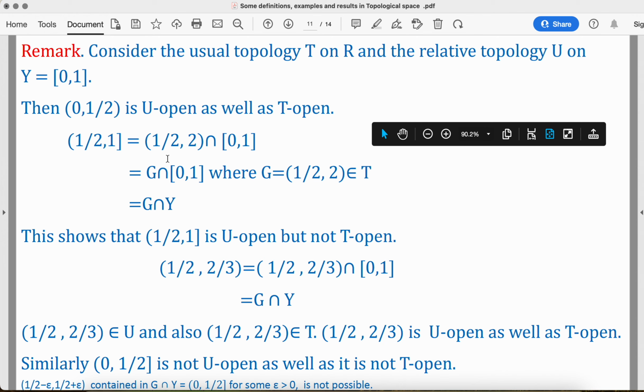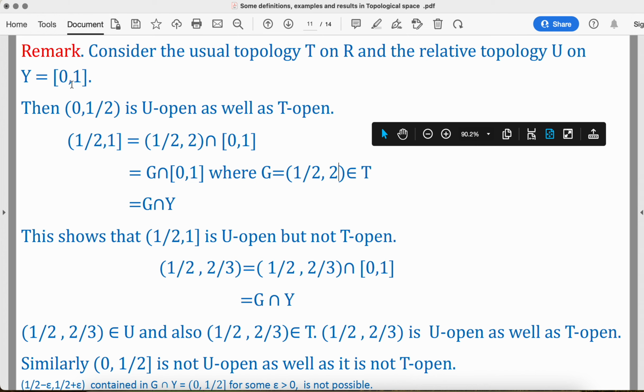So the open interval half to 2 is an open interval in T, but this semi closed interval half to 1 belongs to U but does not belong to T, because we have considered the set of real line and this is not an open interval for the set of real line.